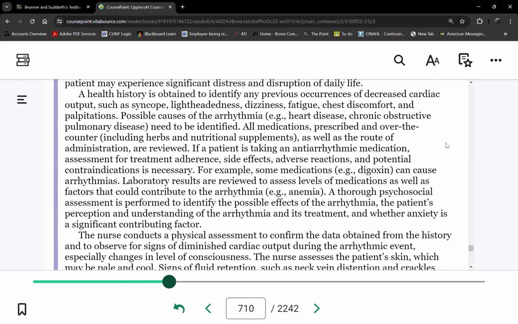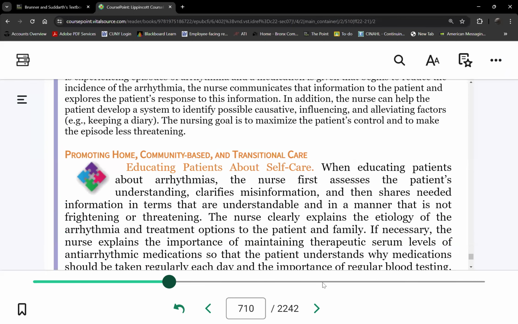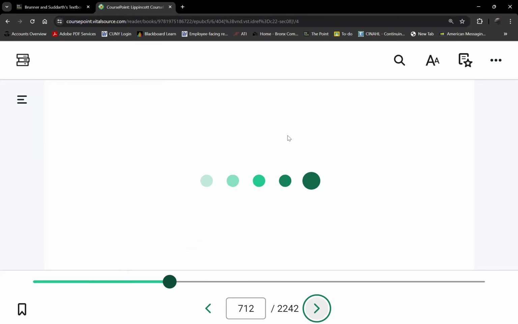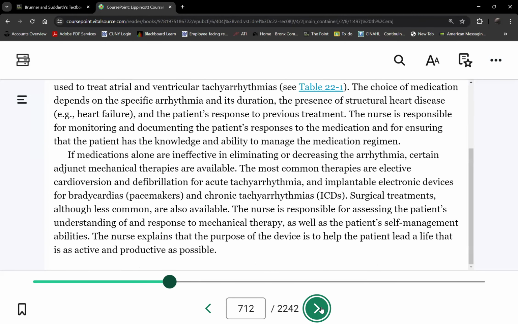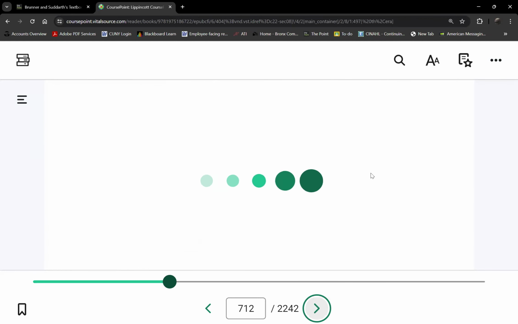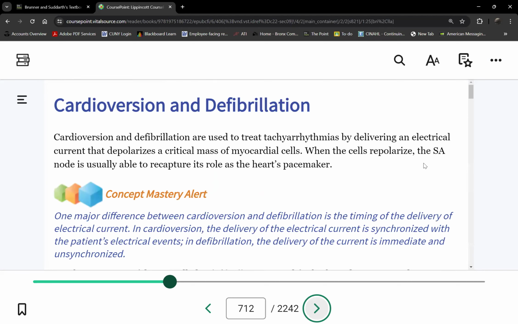So let's go now to pacemakers. So we'll talk about ICDs and pacemakers. Teaching will be similar. We already discussed cardioversion and defibrillation. What's the difference between the two? Because the equipment's the same, yeah? It's the same equipment that we're using.